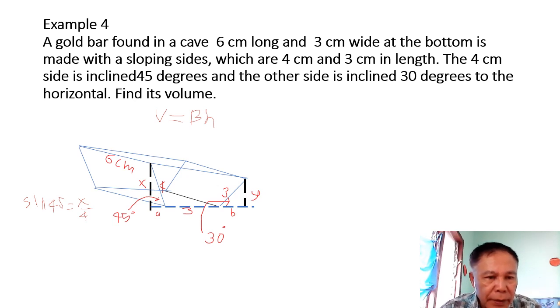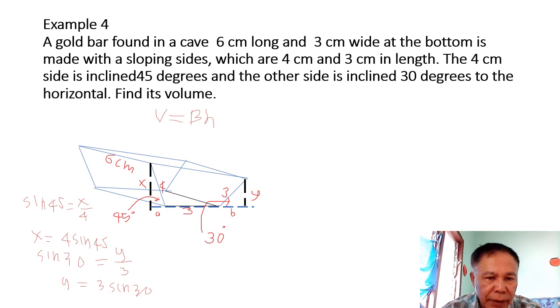So your x in the figure equals 4 sine 45. Then you have sine 30 at the other side there, sine 30 equals y all over 3, or your y equals 3 sine 30.